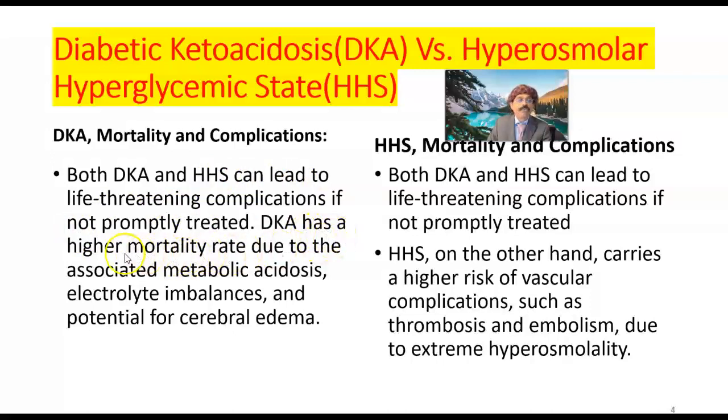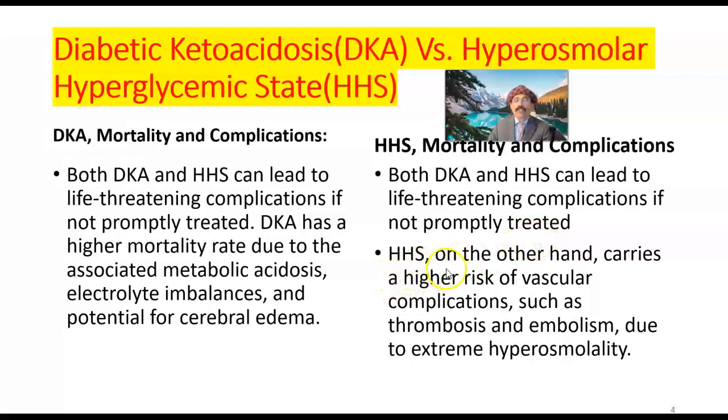Diabetic ketoacidosis has a higher mortality rate due to the associated metabolic acidosis, electrolyte imbalance and potential for cerebral edema. Cerebral edema may happen due to rapid correction of hyperglycemia in both cases.